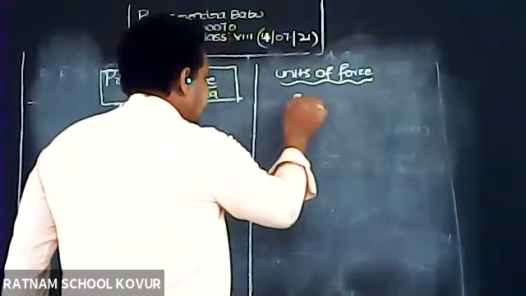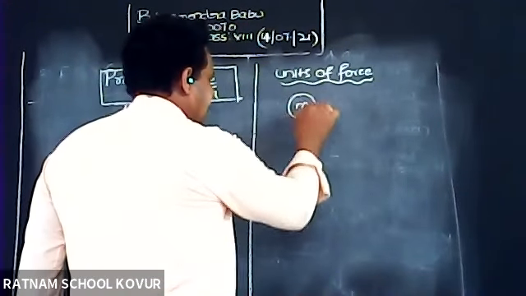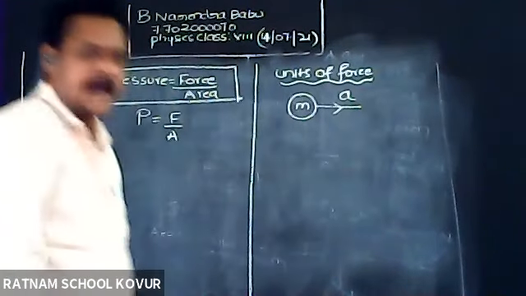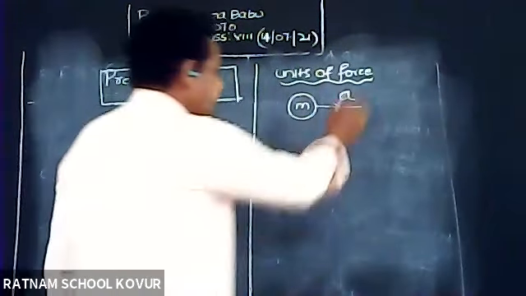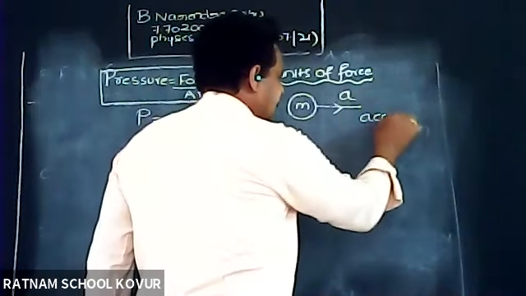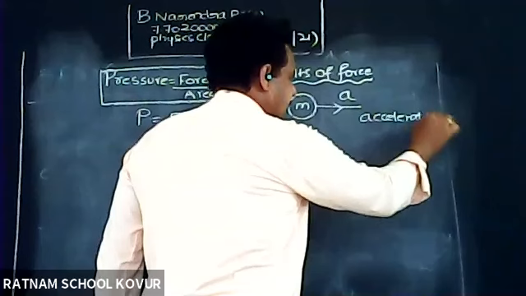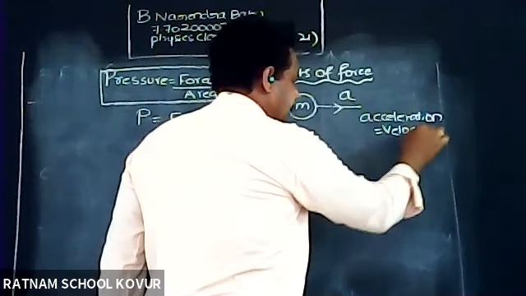So if an object is there of mass m and it is moving with acceleration a, a means acceleration. Acceleration is equal to velocity by time.